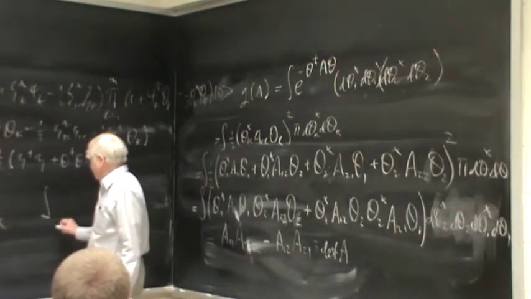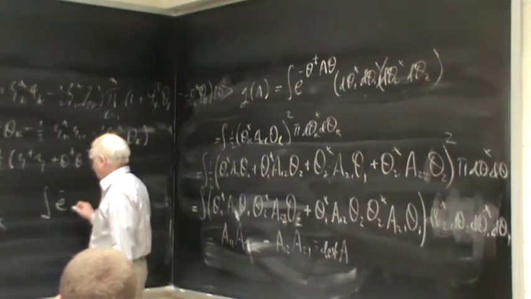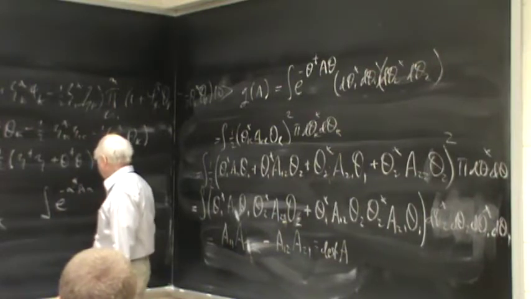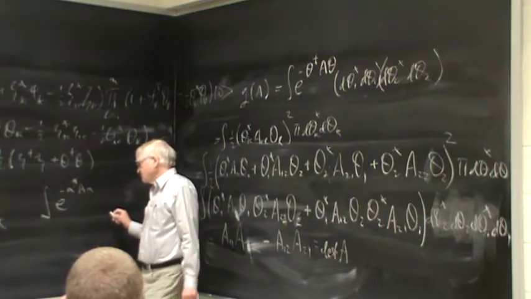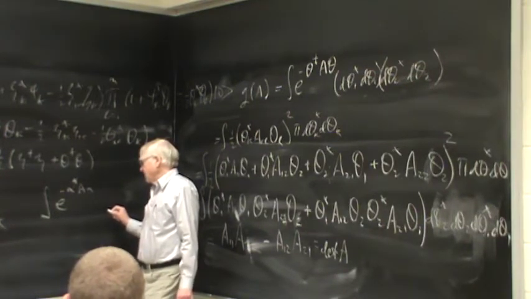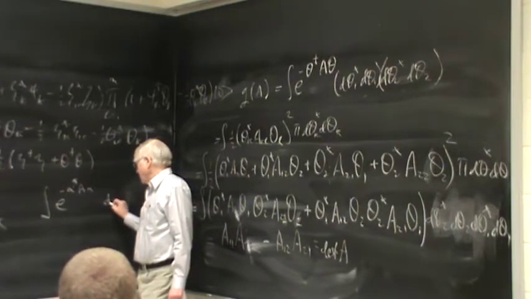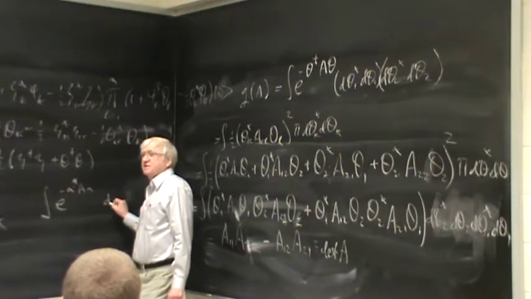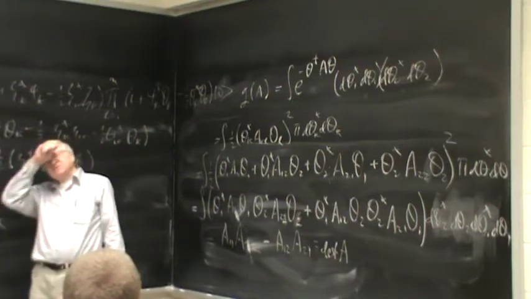The bosonic case would be e to the minus, let us say, alpha star A alpha. And now, what would we be doing? Let me just think a second.